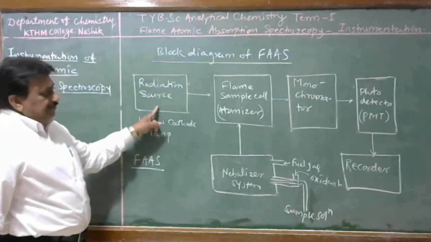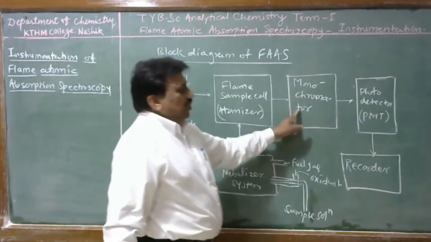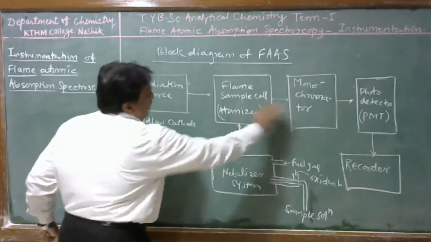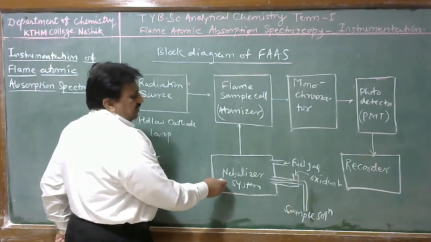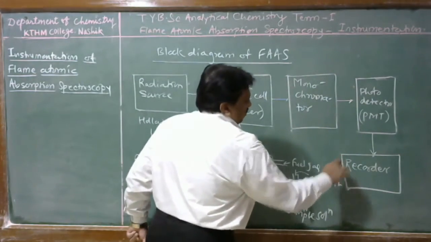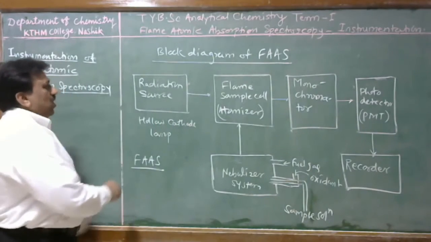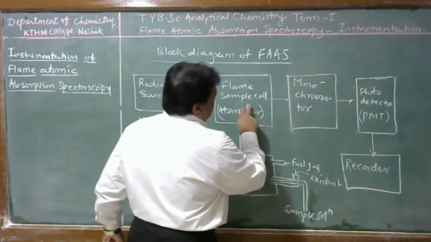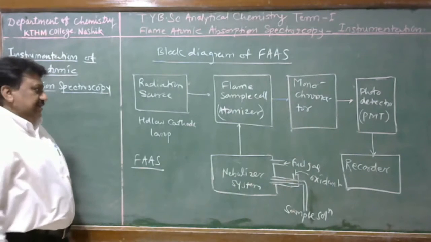Here the radiation source, sample cell, monochromator and photodetector are placed in a single axis, while the sample introduction system or nebulizer system is perpendicular to the axis, and the recording system may not be in the axis. But all these four components, that is radiation source, flame or sample cell, monochromator and photodetector, are in a single axis.